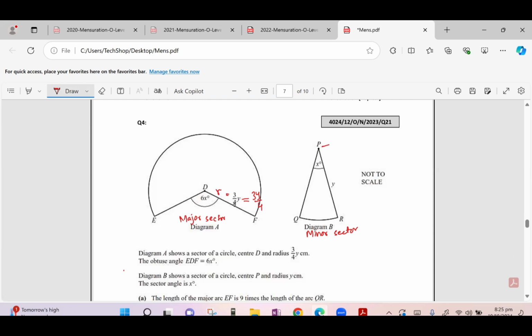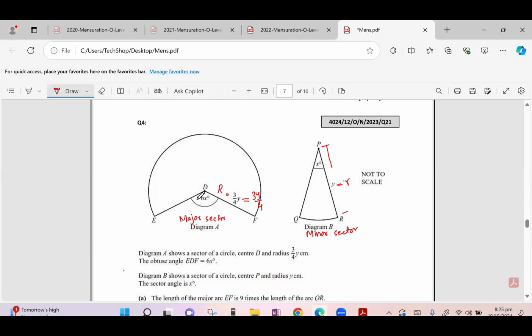In this minor sector, the radius is y. So I'm going to write small r for the minor sector, and capital R represents the radius of the major sector, which is 3y over 4. These are very important things.